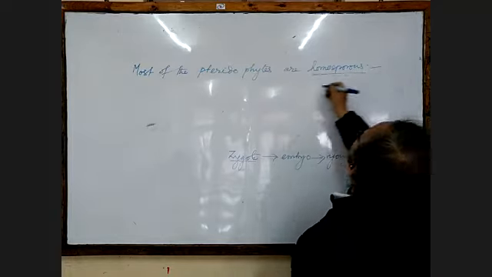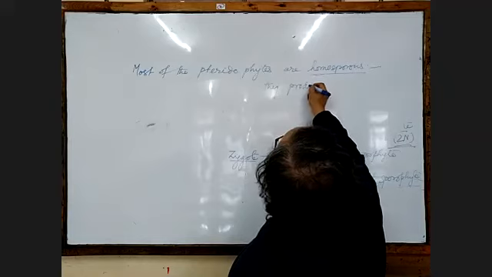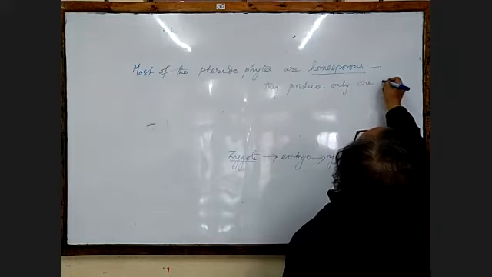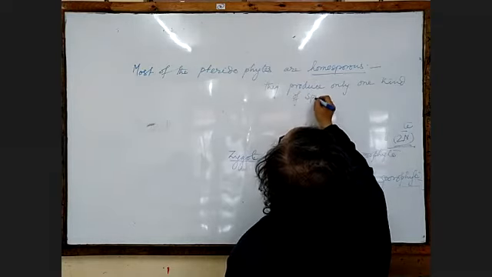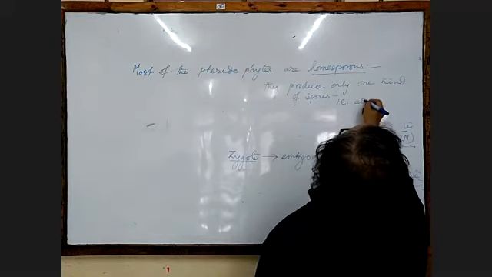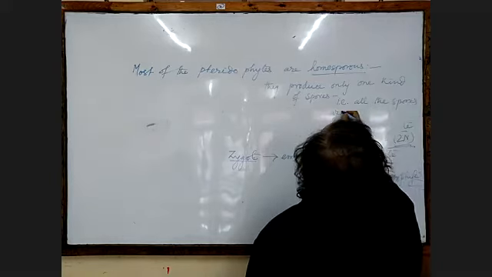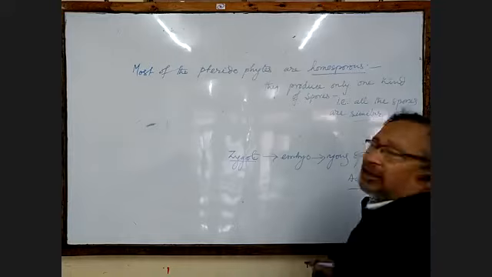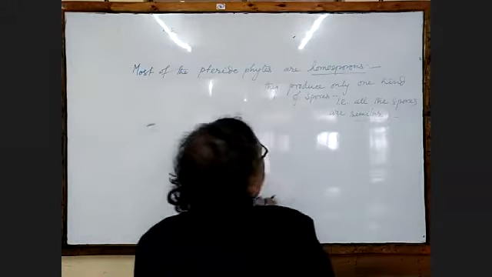Homosporous means they produce only one kind of spore, that is, all the spores are similar, alike.